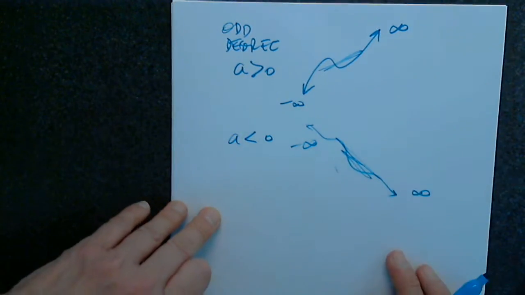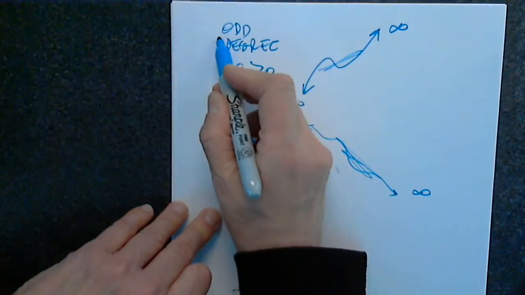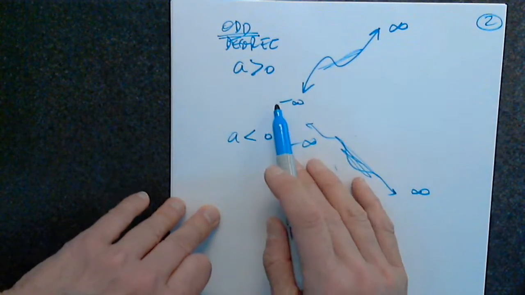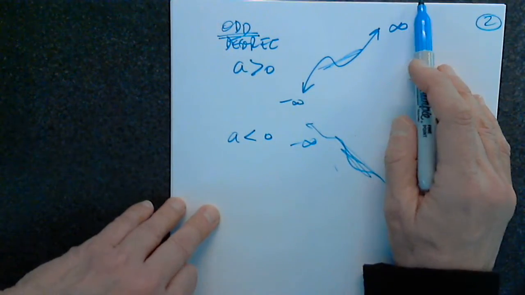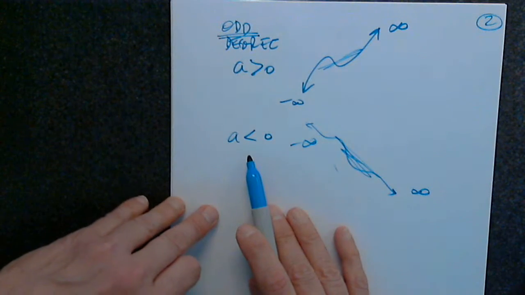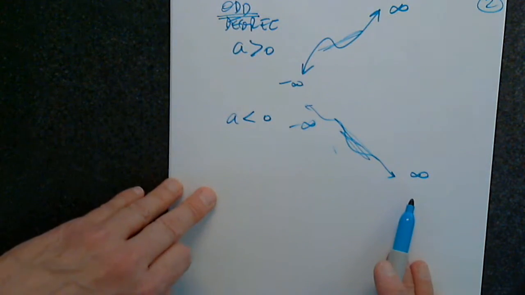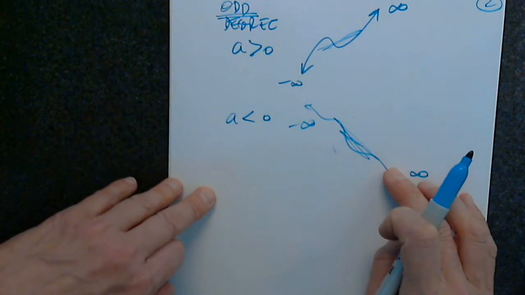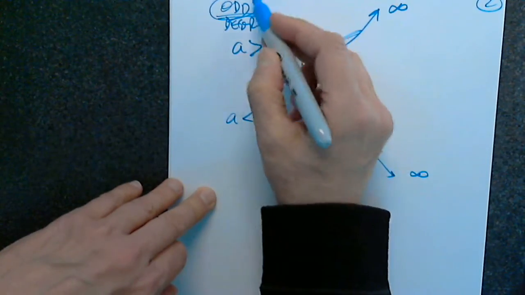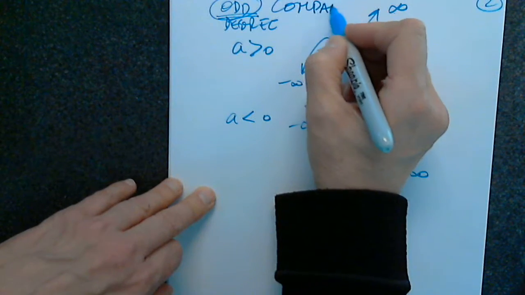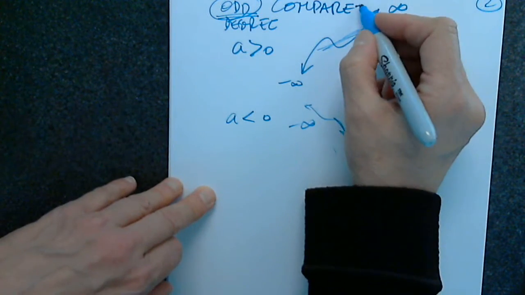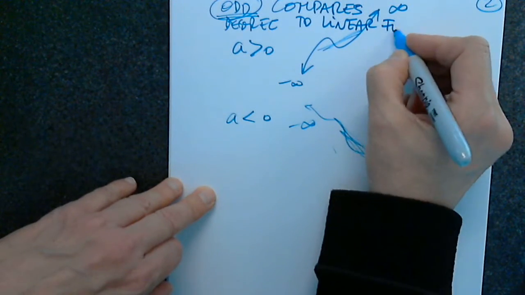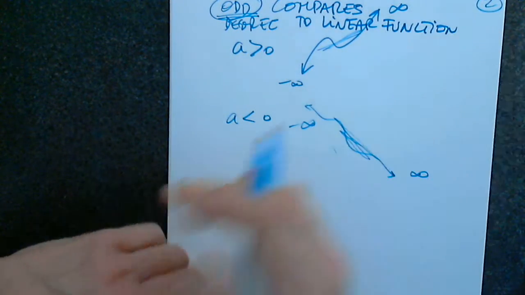I don't care. As long as the degree is odd and the leading coefficient is positive, it will look like this. The degree is odd and the leading coefficient is negative, it will look like this. Like the linear function with a positive slope, like the linear function with a negative slope. Odd degree compares to linear function. Same thing. It behaves identically.